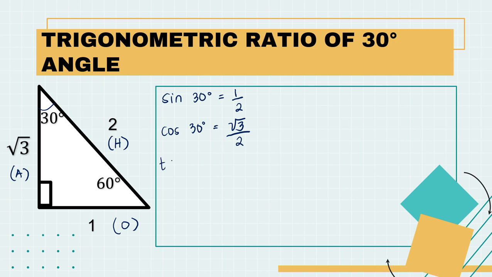And then for the third ratio, we have tangent 30 degrees is equal to the opposite side, which is 1, over the adjacent side is square root of 3.